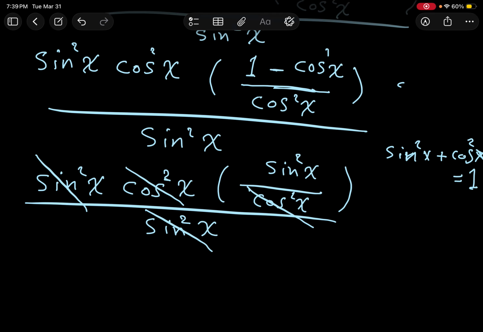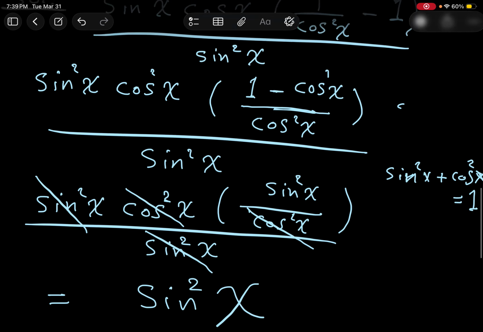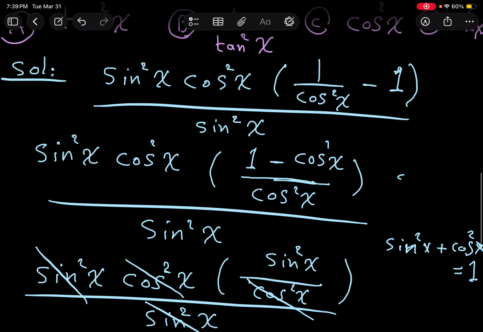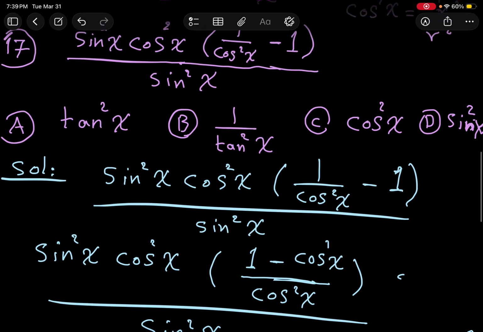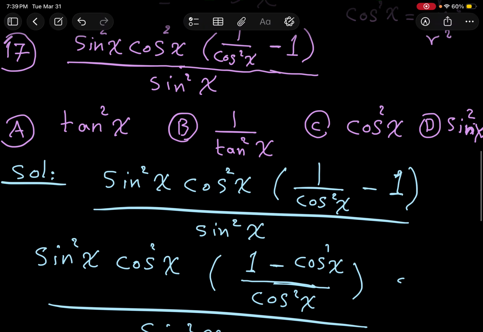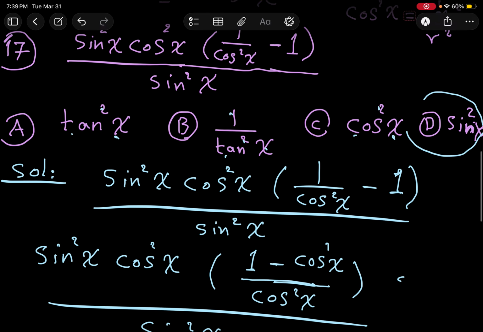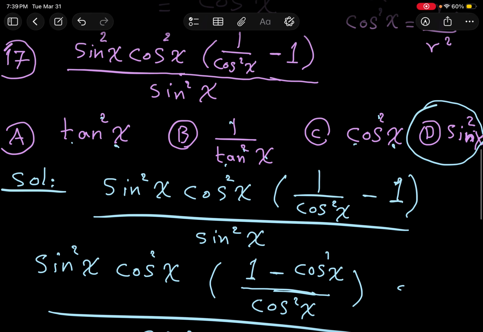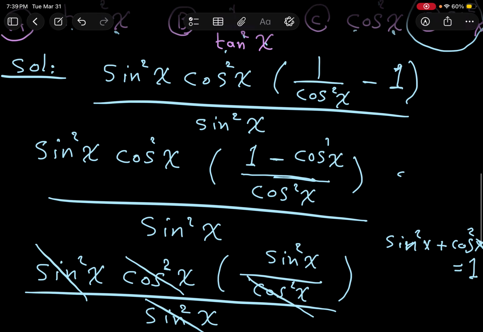So it equals sine square x. Which one is true? We have tangent square x, 1 over tangent square x, cosine square x, sine square x. So we got the outcome: it's D, sine square x.